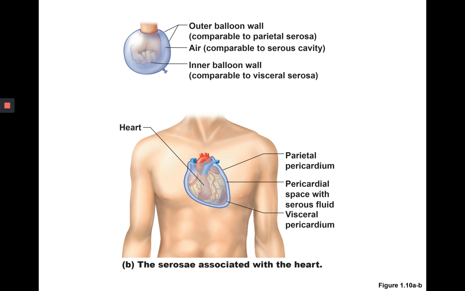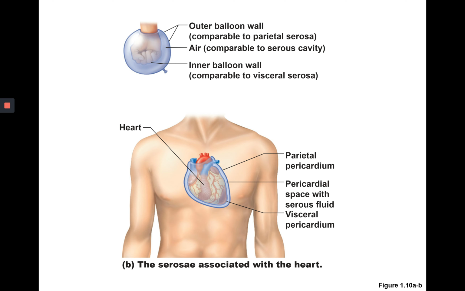If you look at the image at the top of the screen, you can see that they're showing a balloon, and the balloon is going to be comparable to the serosas, whereas the air, the pocket, is going to be comparable to the serous cavity that would generally contain serous fluid. So imagine yourself punching a balloon. If your hand is the organ, the part of the balloon, if it doesn't pop, that surrounds your hand is the inner layer or the visceral layer of a serous membrane.